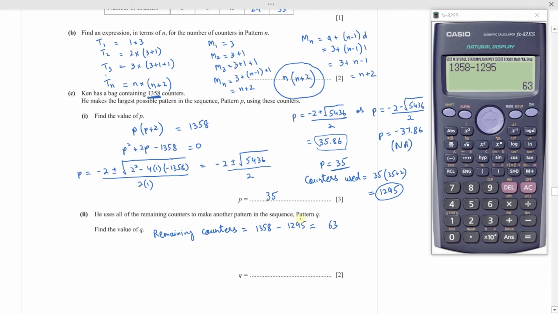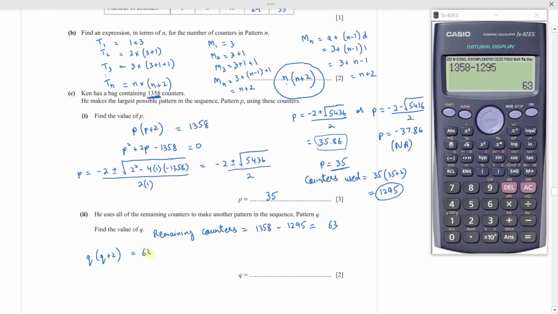Again, you have to now find the value of Q, where Q is the pattern number. For Q, I'll replace Q in this expression. So Q times (Q plus 2) gives me the total number of counters in this pattern, which are 63, and he's using all of them.